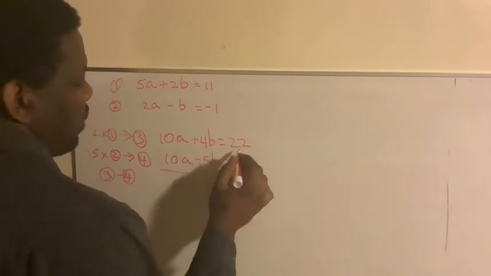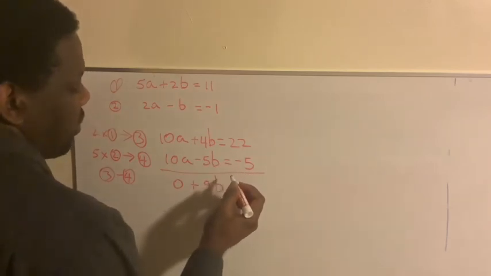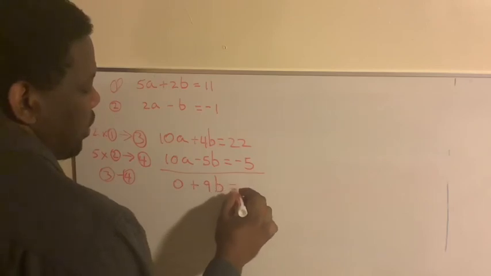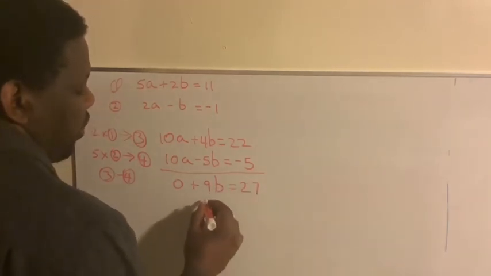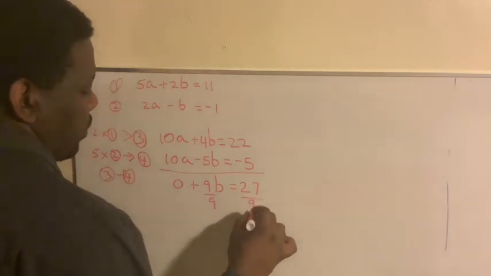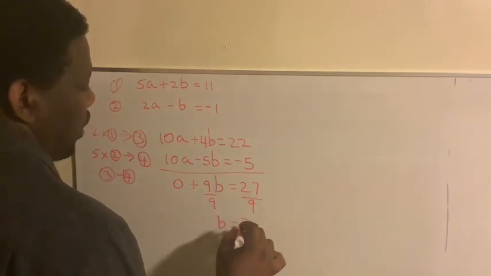And then we have 22 subtract negative 5. Again, the double negative becomes positive. So we have 22 plus 5 is equal to 27. We divide by 9 on each side. We have b is equal to 3.